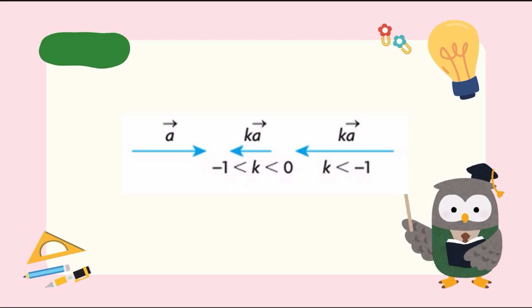So that's how we multiply vectors using k, and it will differ when it comes to different values of k. Also, we have to consider if k is bigger than 0 or smaller than 0, if it's between 0 and 1, or between -1 and 0.